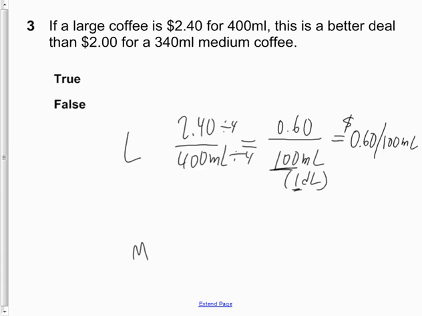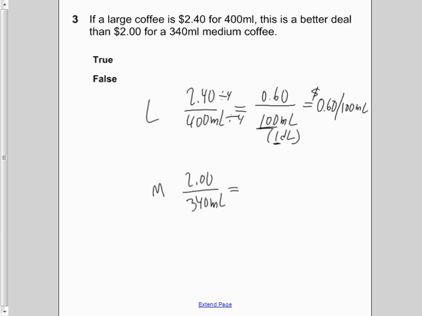The medium is $2 for 340 mils, and there are 2 ways you can do it. I'm going to do it 2 different ways here. For a lot of people, they want to get 1 milliliter first, and then they want to build it back up to 100 milliliters to compare it with this one up here.